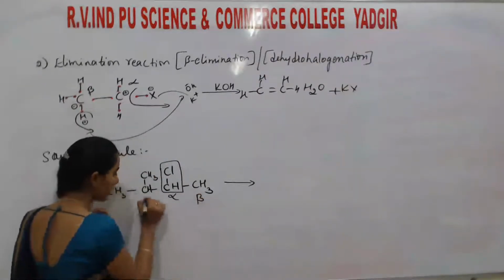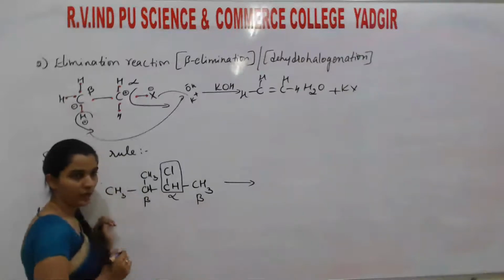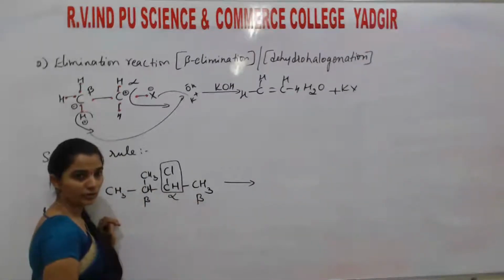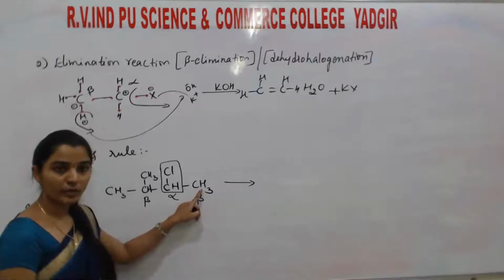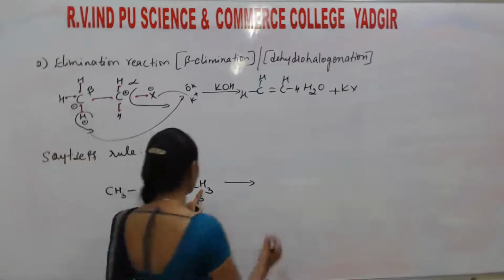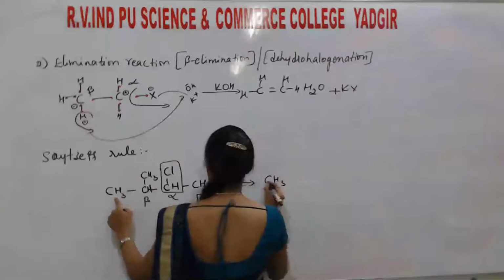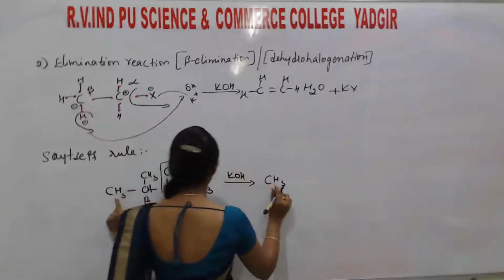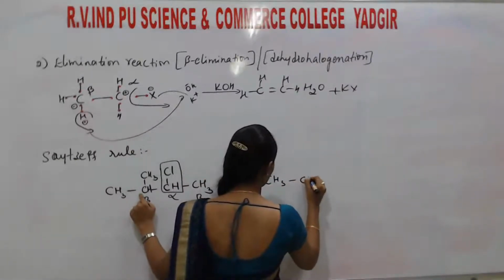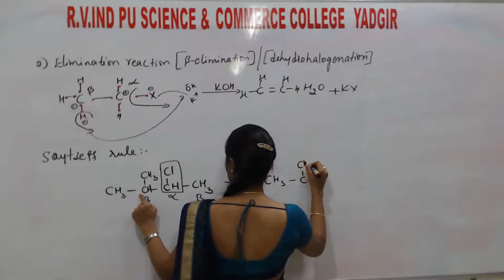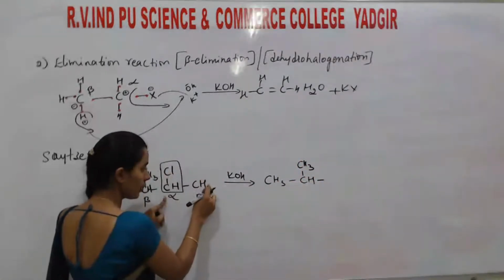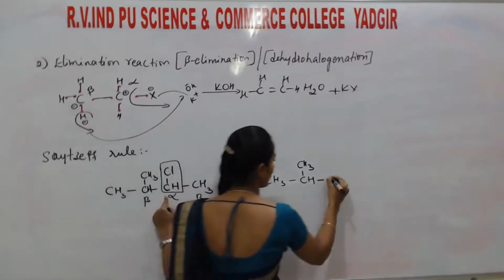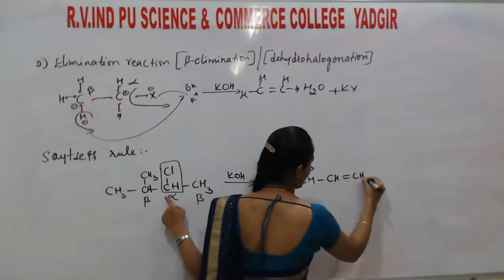This is also beta, this is also beta. Both have hydrogen. If the hydrogen is removed from here, then the product is CH3, with KOH, CH3, CH, CH3, where Cl is removed and one hydrogen is removed from here, giving CH, CH2.